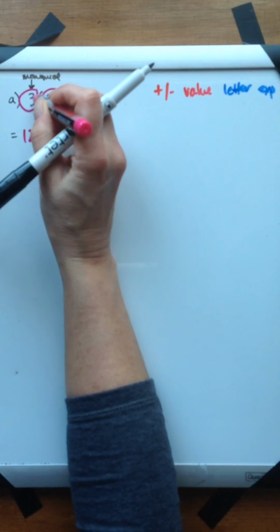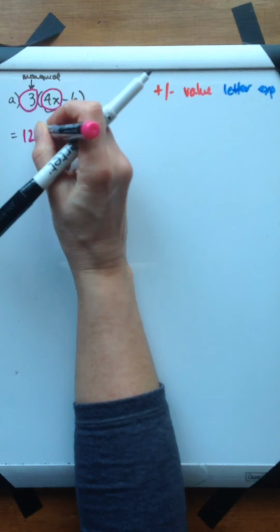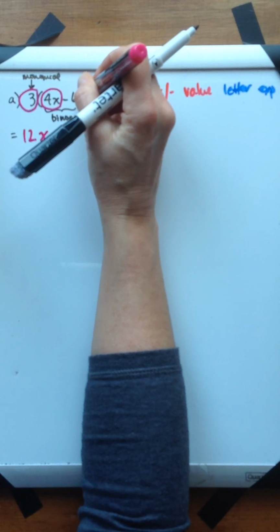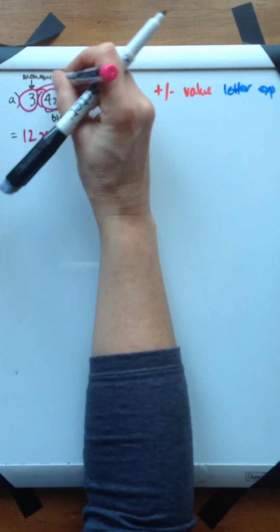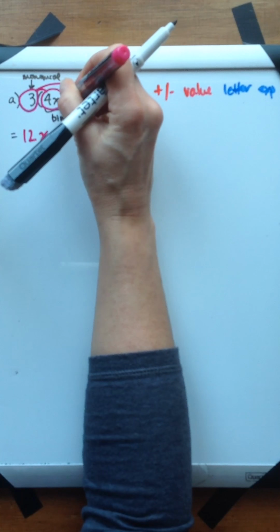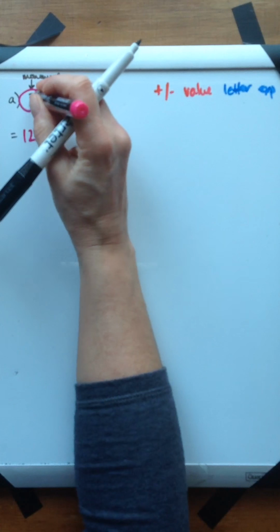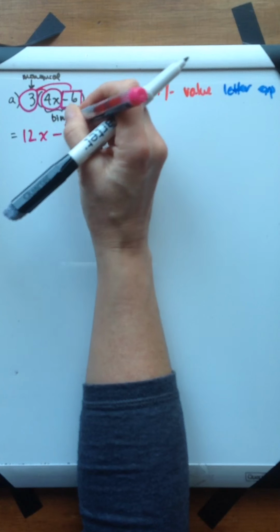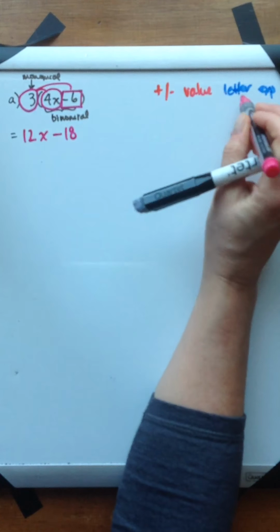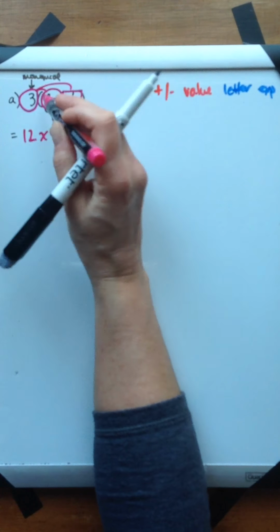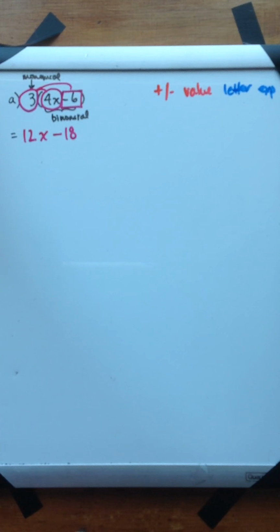Letter and exponent, there are no letters or exponents in this term, so we would just leave this as an x. And then if I do the same thing with multiplying 3 times negative 6, again, positive times negative becomes negative, and the values 3 times 6 becomes 18, and there are no letters or exponents to worry about in these terms because they're both constant values, and so then we're finished.